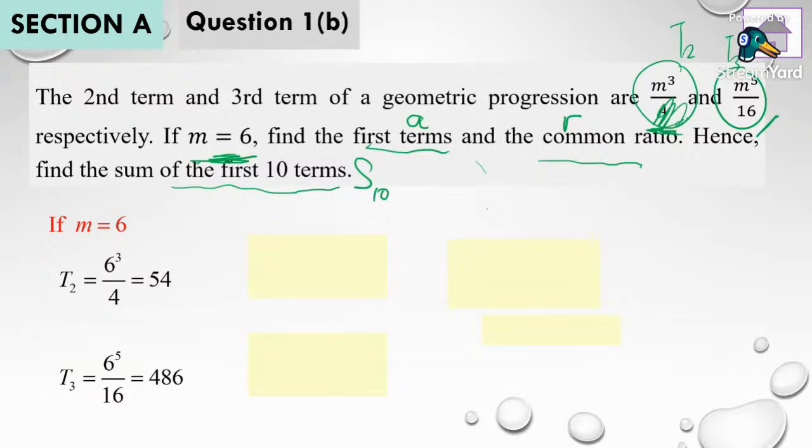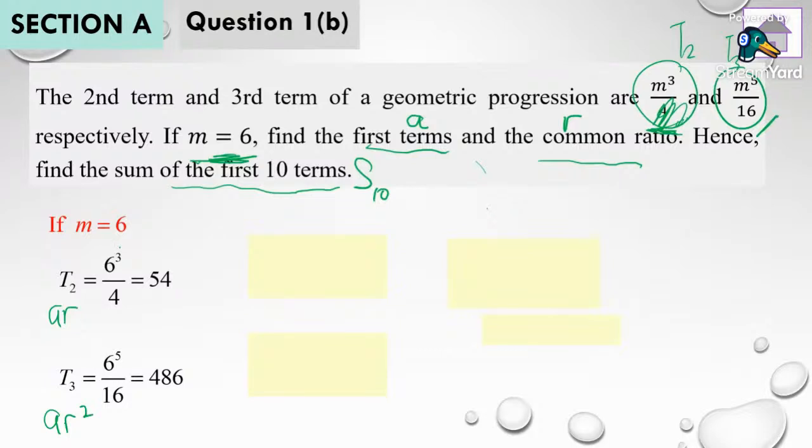After we get this answer here, so what? Guys and girls, we want to find a and also r. What we know from the information here is the value of T2 and also T3. How does it help us to find a and r? Relating with a and r, T2 is actually ar, T3 is actually ar to the power of 2.